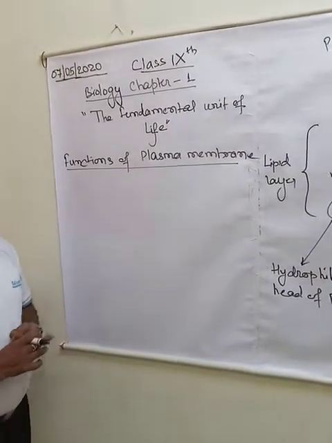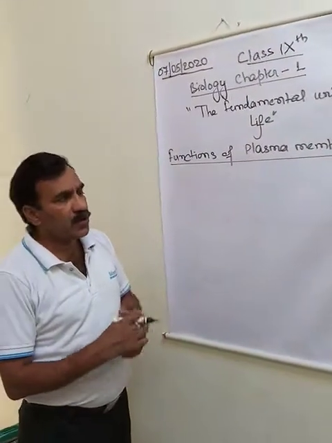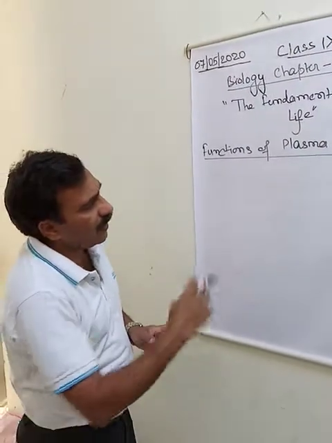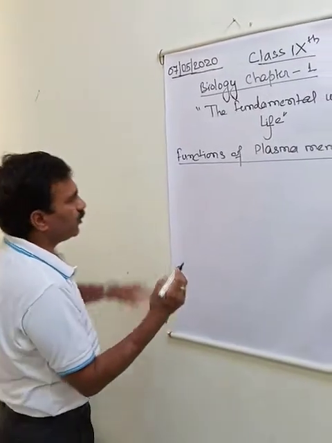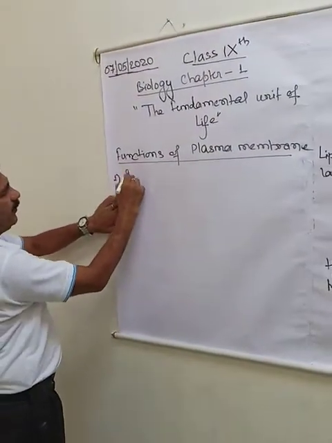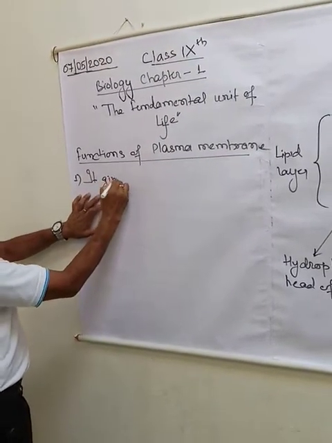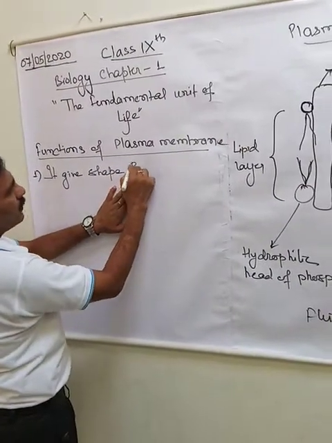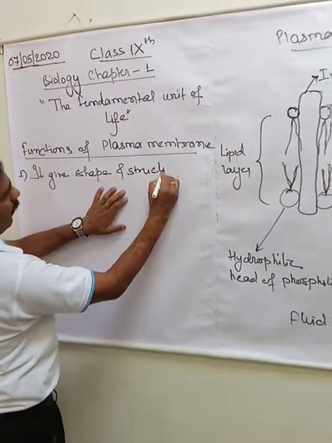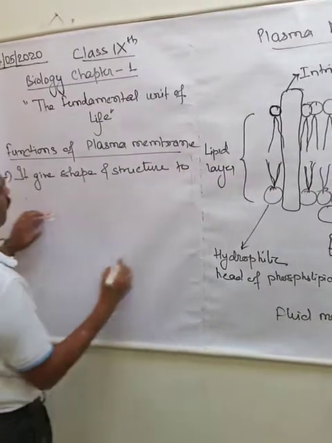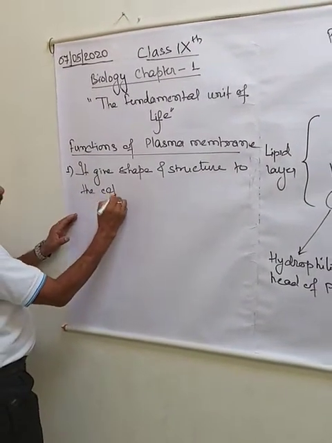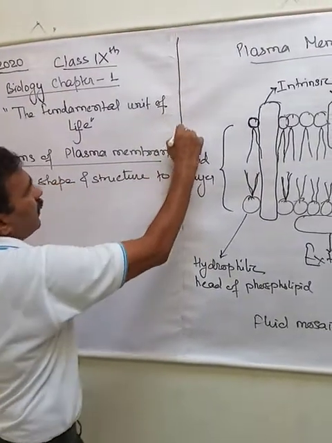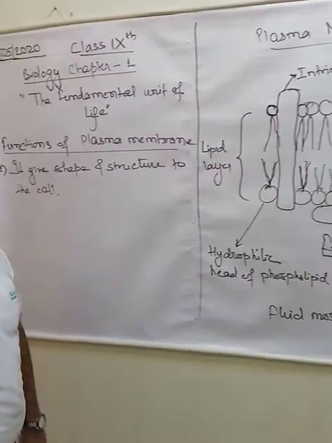This plasma membrane serves a very crucial role in the existence of the cell. We will discuss them one by one. First, it gives shape and structure to the cell. Because of this plasma membrane only, the cell attains a definite shape and structure.